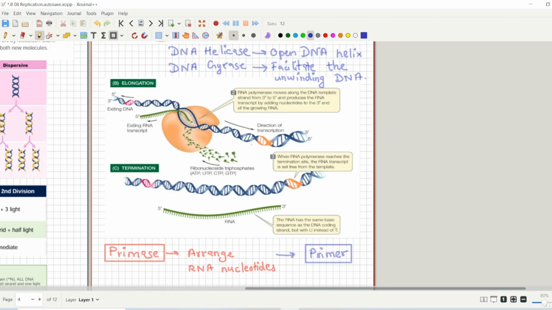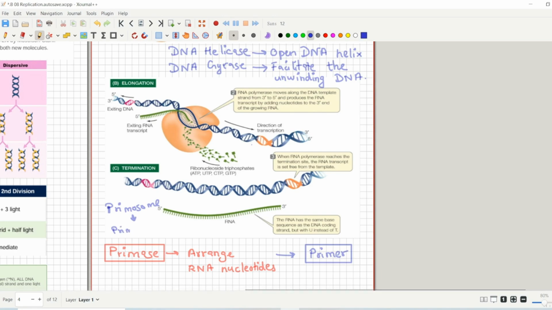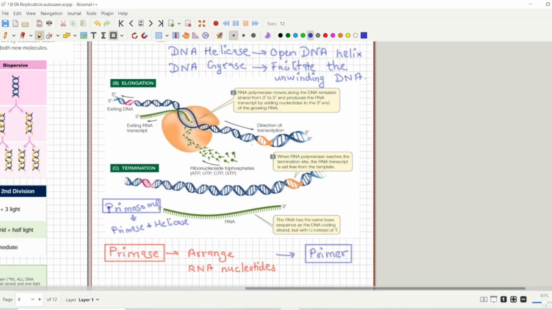Let me write it down for you. Primosome. Easy, right? Primase plus helicase, both of these combined together are called primosome. Easy peasy lemon squeezy.